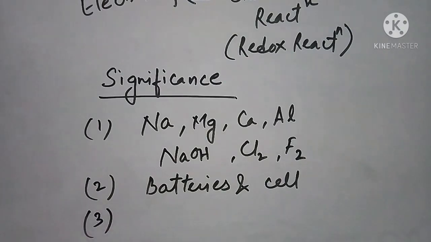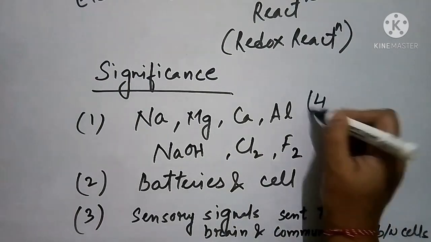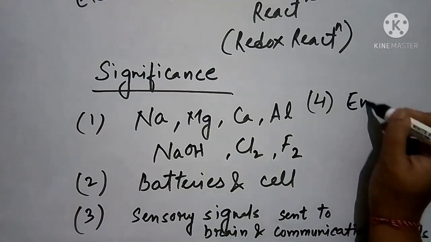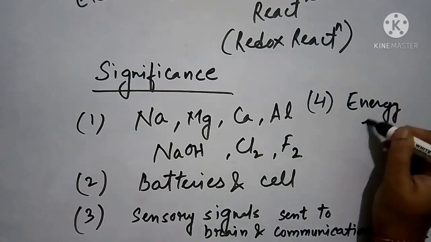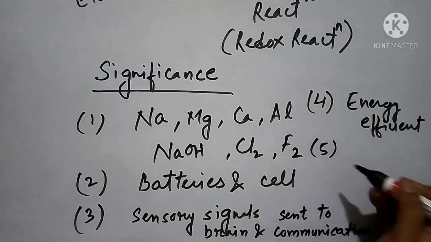Another thing is that the sensory signals sent to the brain through the cells and vice versa, and also the communication between the cells of our body, are mainly based on electrochemistry. And the major reason we have to learn about electrochemistry is that reactions carried out electrochemically are energy efficient and less polluting.